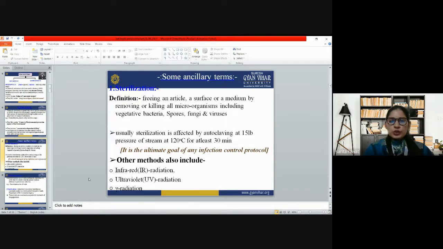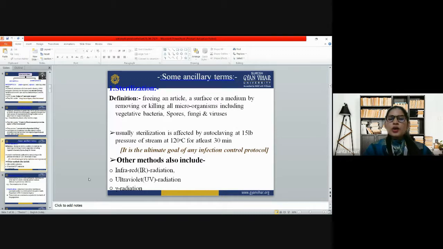Usually sterilization is effected by autoclaving at 15 lb pressure of steam at 120 degrees Celsius for at least 30 minutes. Basically, sterilization is killing or removing the microorganisms from utilities and articles where we have to perform basic cleaning.